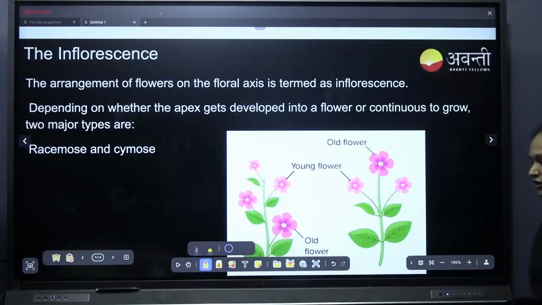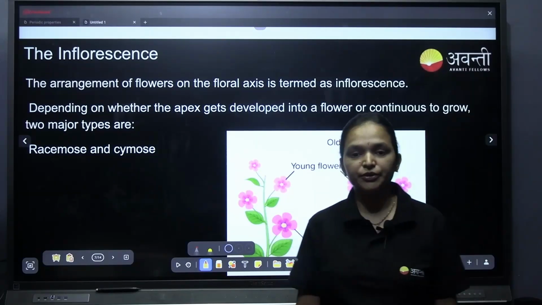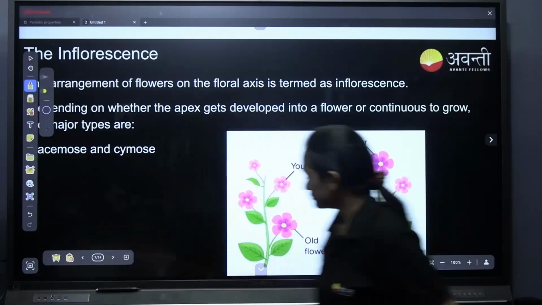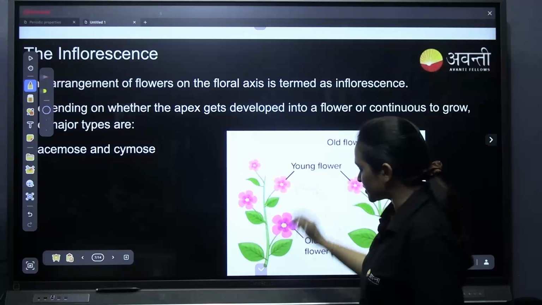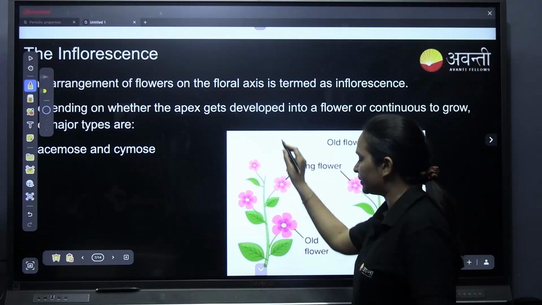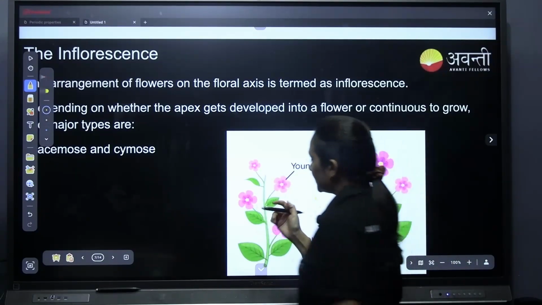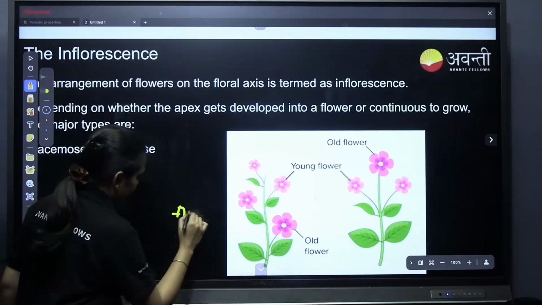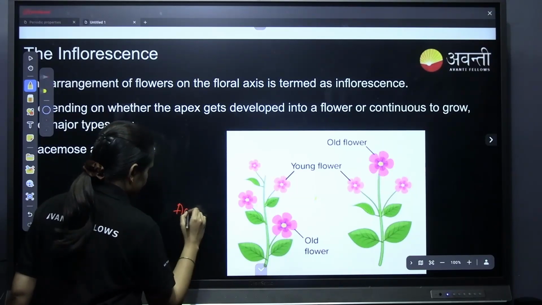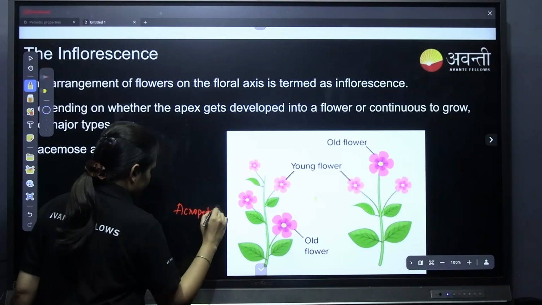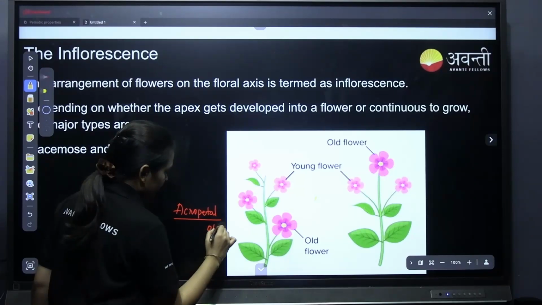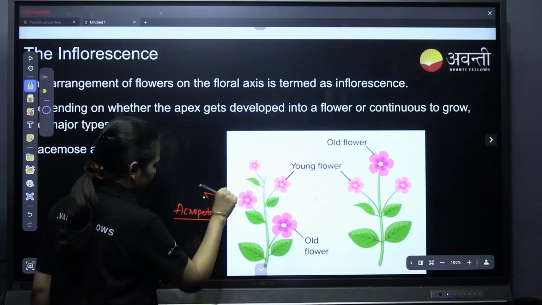Now coming to the inflorescence, which is very important. Two types of inflorescences we are going to learn: one is racemose, another one is cymose. In the racemose type of inflorescence, the old flower will be at the bottom and the young or new flower will be at the top. This type we call acropetal succession.